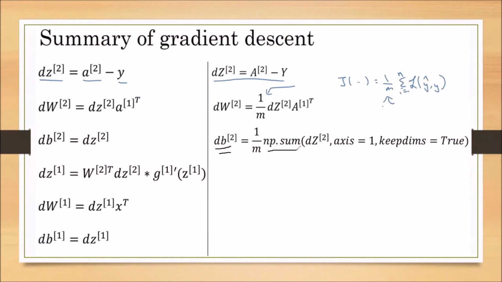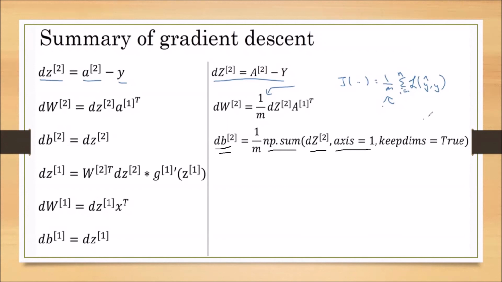For that, in NumPy, we can write np.sum(dZ2, axis=1), to make sure that you perform the sum over all the column elements. There is no problem, because we want to calculate only the sum over the columns, and keepdims=True.